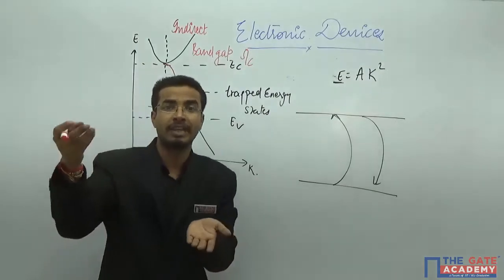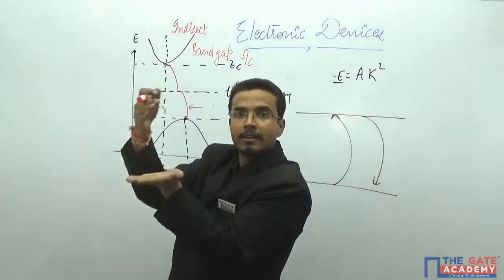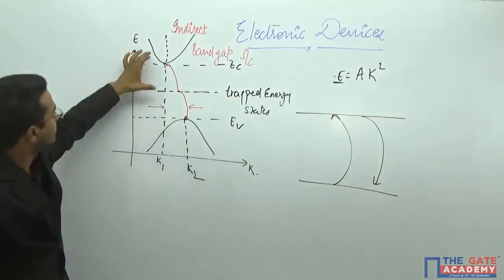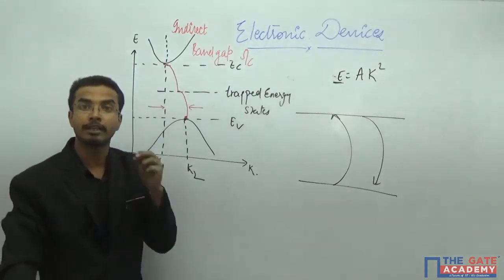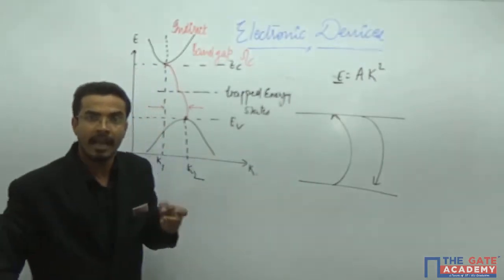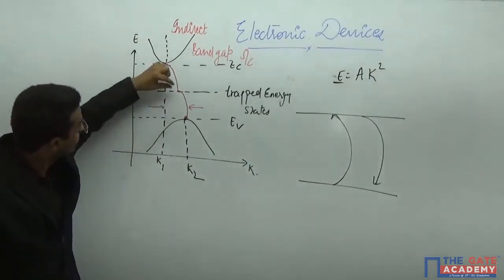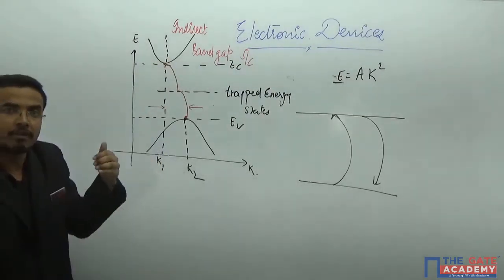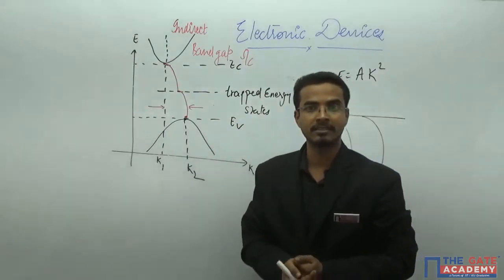Because the transition across the band gap is not occurring directly. The electron must attain some other energy level, and then from there it will come to the hole location. What is the problem here? Whenever it gets trapped, definitely the velocity of the electron will change. And if the velocity changes, definitely the momentum of the particle will change.